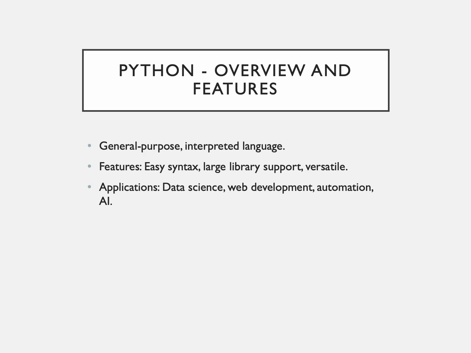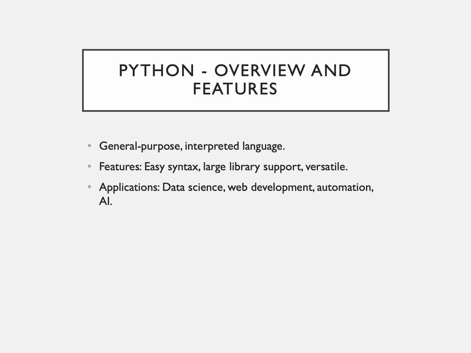Third is automation, it is often used for scripting and automation. Whether it's automating repetitive tasks such as file handling or web scripting to gather data from websites, Python simplifies these processes with libraries like Selenium and Beautiful Soup, this kind of libraries. Last, we have AI. Python is at the forefront of AI development, powering applications in natural language processing, computer vision, and robotics.